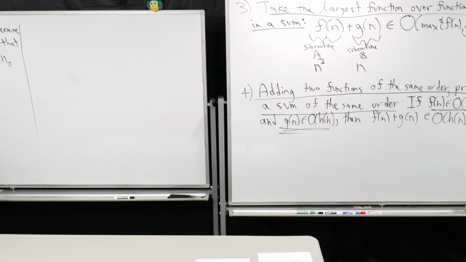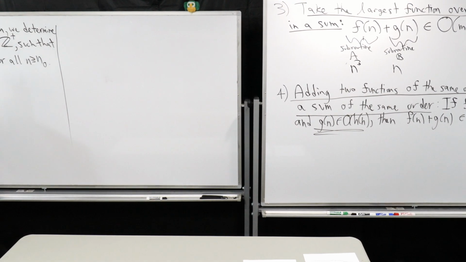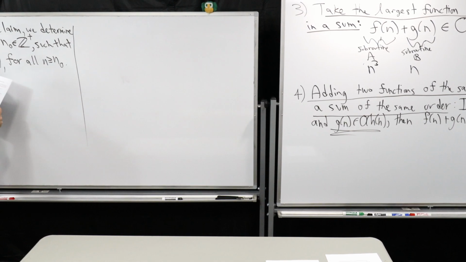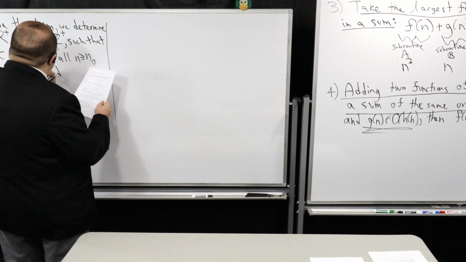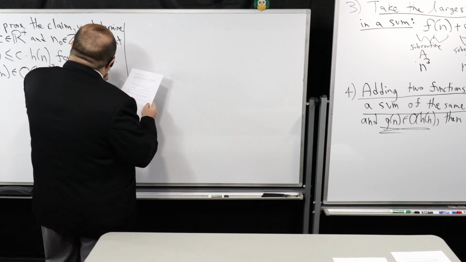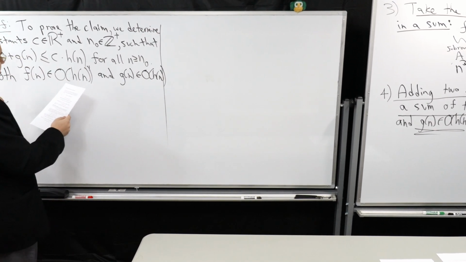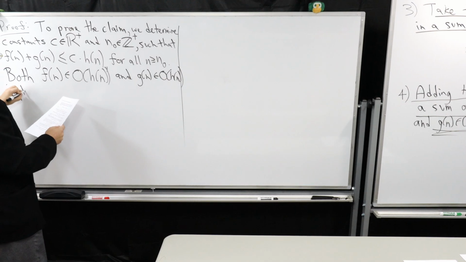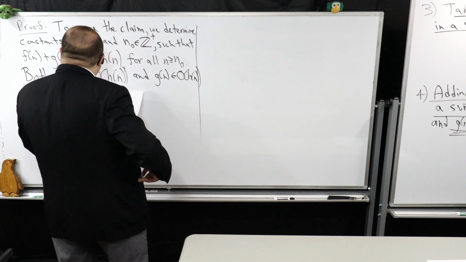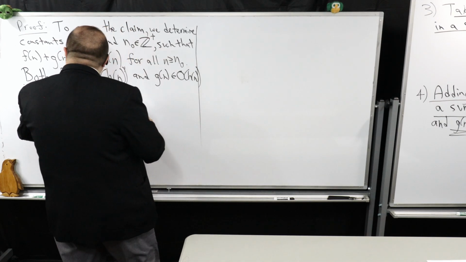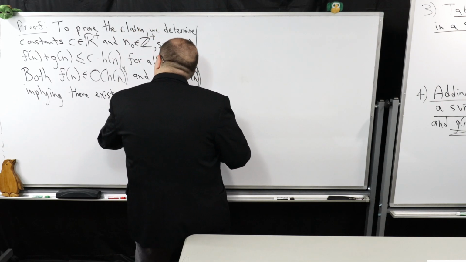So I'm going to write that both f is in big O of h and g is in big O of h, implying there exist constants.